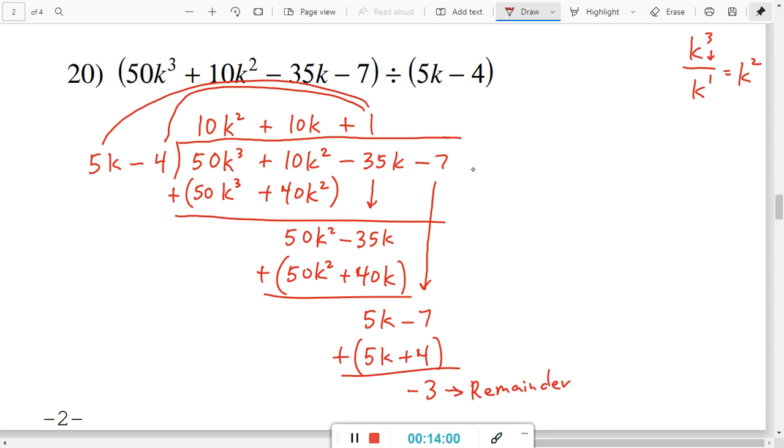All right, so the remainder goes on the end right here, and it goes over this part right here, the 5k minus 4. So our remainder is negative 3. So we're going to do minus 3 over 5k minus 4.